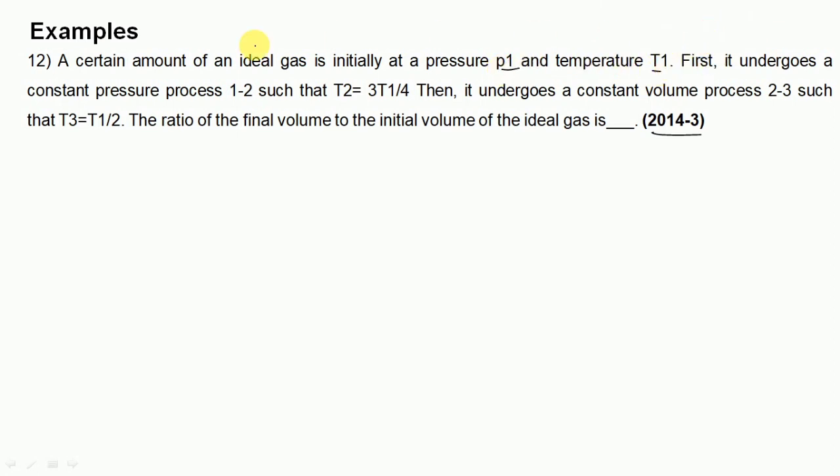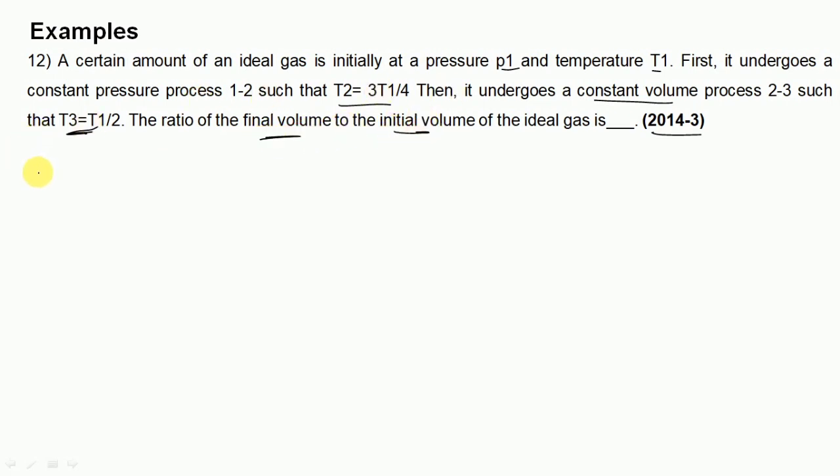At first, it undergoes a constant pressure process from 1 to 2, so that P2 is equal to P1 by 4. This relation is given between P1 and T2, and then it undergoes a constant volume process. For the constant volume process, the relation is given between T3 and T1. You need to find the ratio of final volume to initial volume.